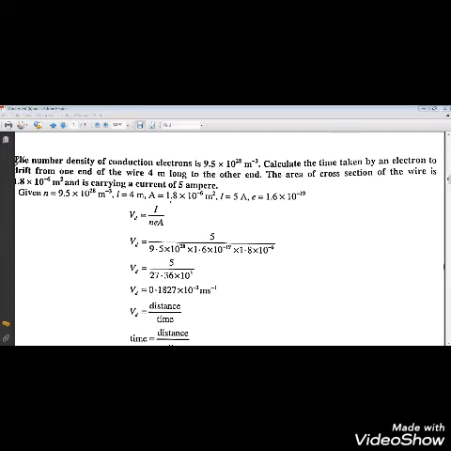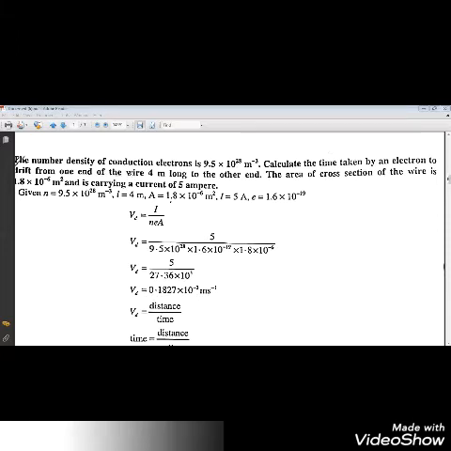This is a problem regarding the drift velocity. Here the number density of conduction electrons is given, that is n is equal to 9.5 into 10 to the power of 28. We have to calculate the time t of an electron to drift from one end to the other end.